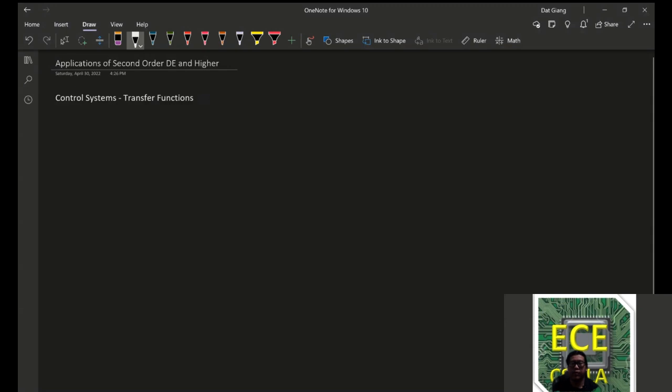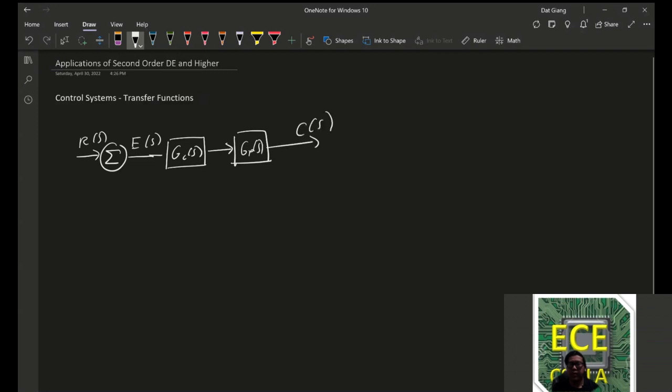Now, the standard model for a control system is we have an input go into a summer and outputs an error function, E of S, and this is R of S. This error function informs a controller, GC of S, which then informs the plant on how to control and maintain an ideal behavior, GP of S. And this goes into some kind of output.